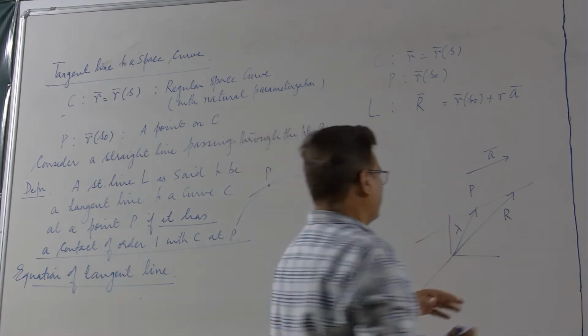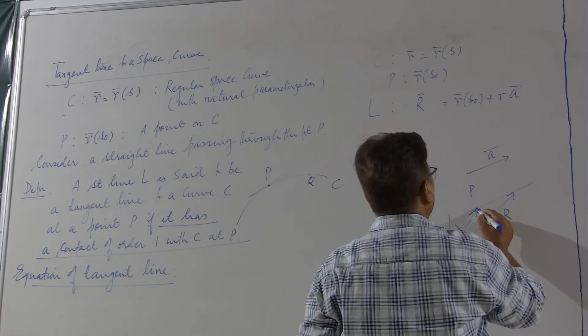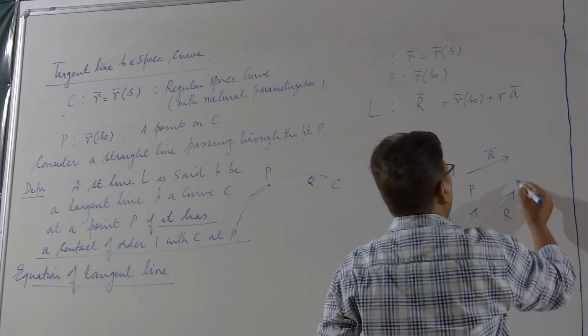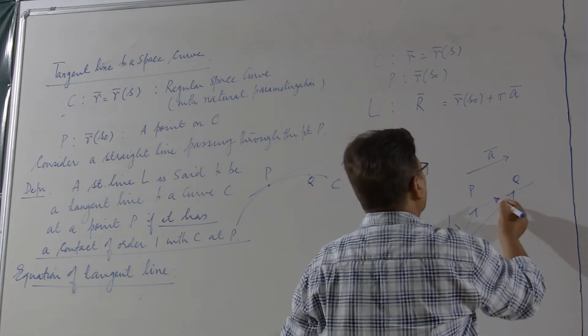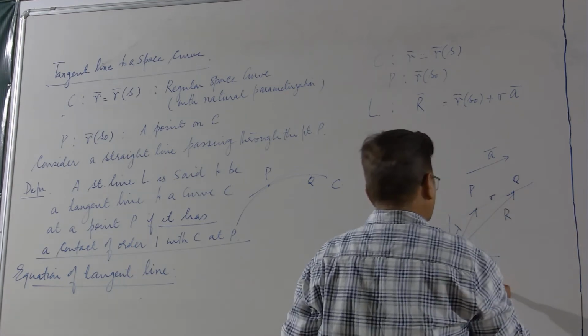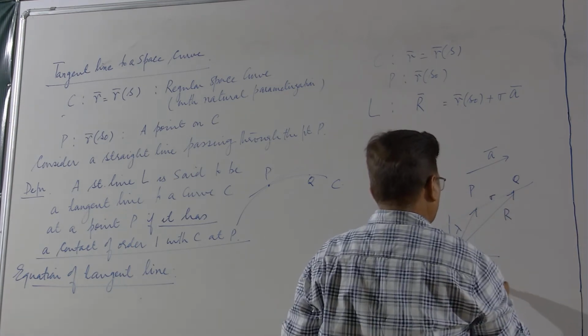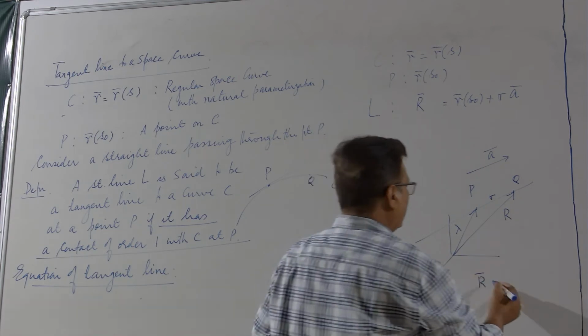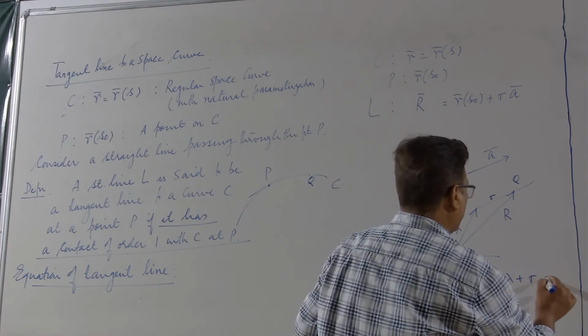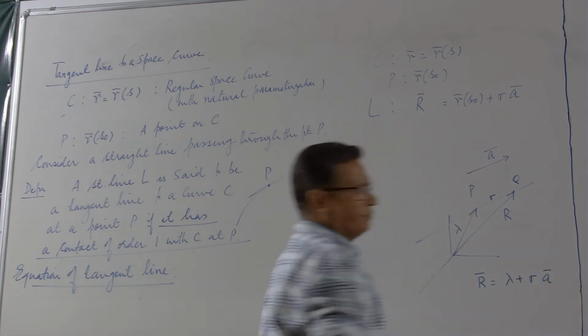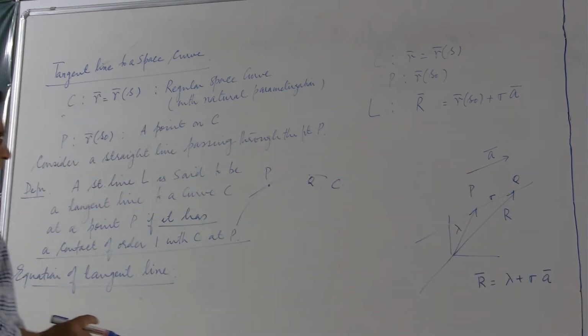So, its equation: suppose the distance from this point P to this point Q, Q is an arbitrary point, is say sigma. Then R must be equal to lambda plus sigma times A. This is how the equation of a straight line looks in 3-dimensional space.